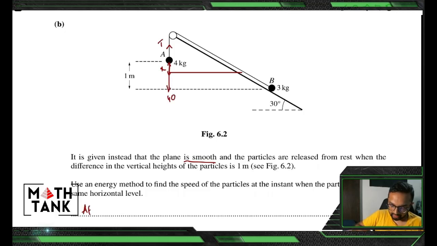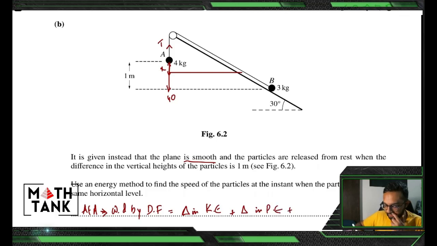Now at A, work done by driving force should equal change in K plus change in P plus work done by resistive forces.